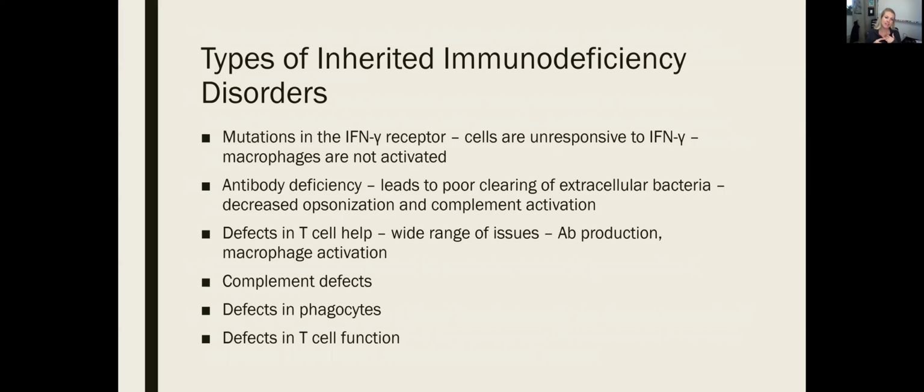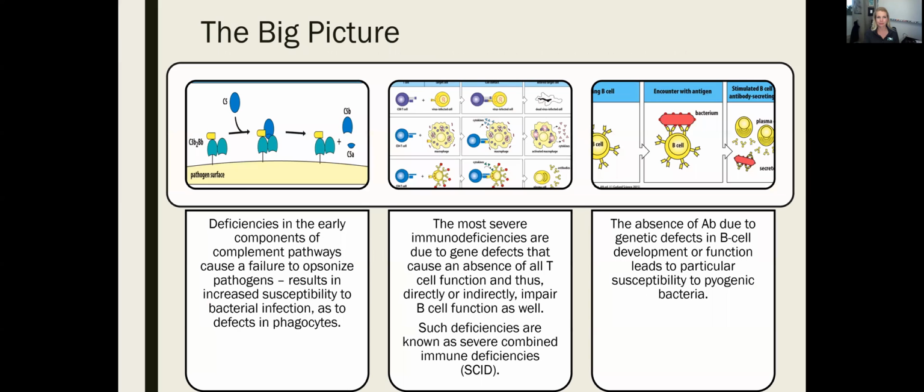You can have complement defects, you can have defects in phagocytosis, and you can have defects in T cell function. And these are all different ones that we have looked at specific case studies fitting into, with the exception of probably the interferon gamma receptor. I do not know that we looked at a case study on that, but we have talked about interferon gamma. So, all in all, here's our big picture for topic 12.